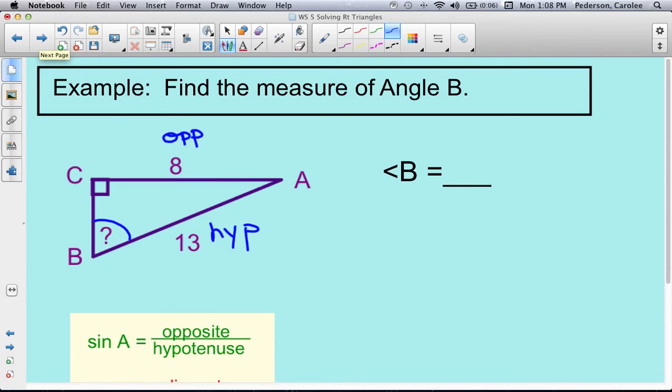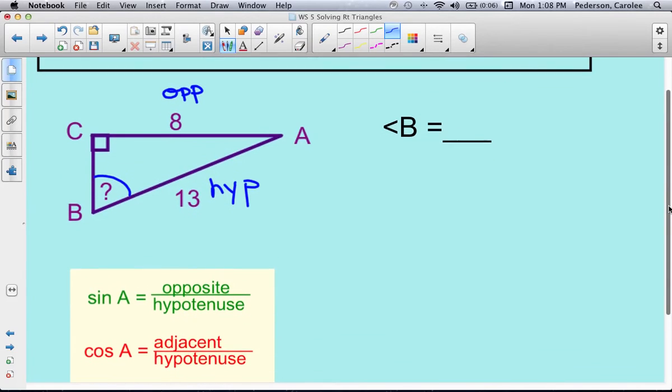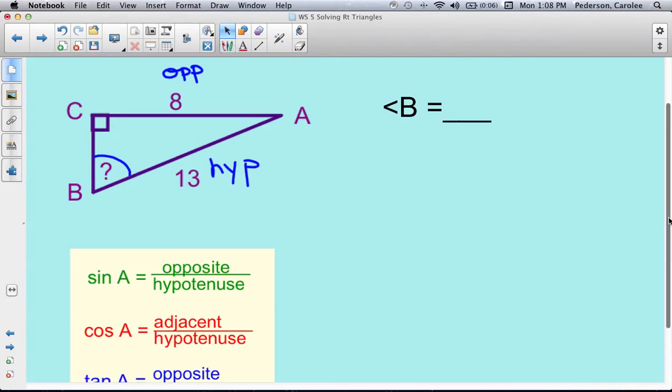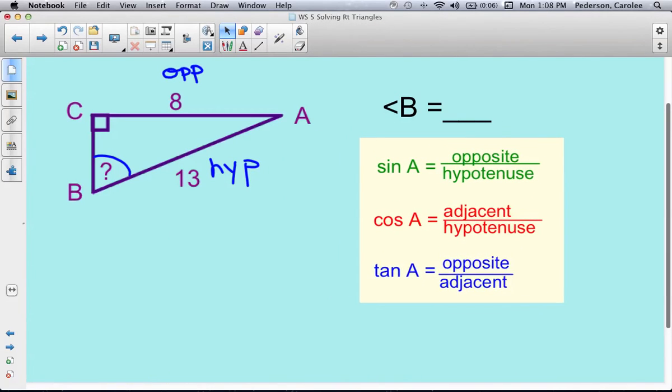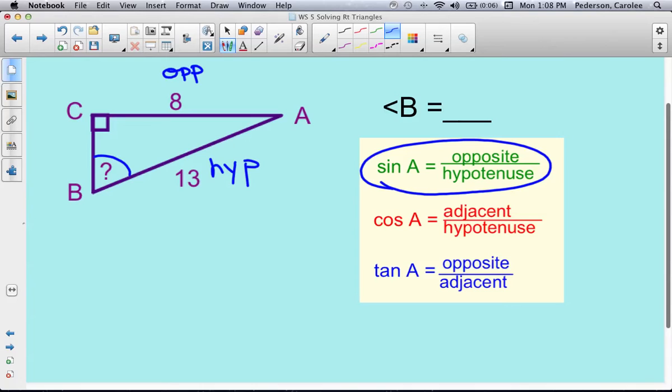So to choose the correct trig function below in the yellow, which trig function works with opposite and hypotenuse? The sine. So we say the sine of angle B equals opposite, which is 8, over the hypotenuse.